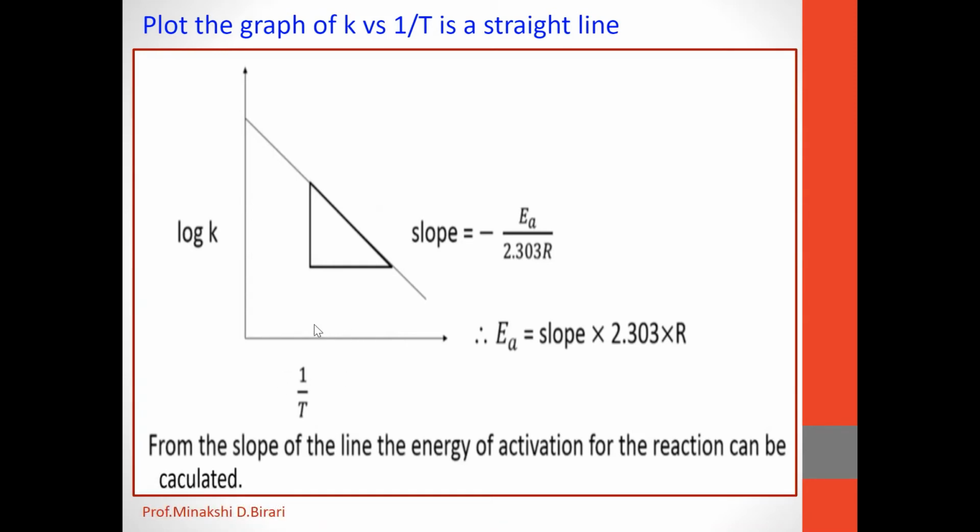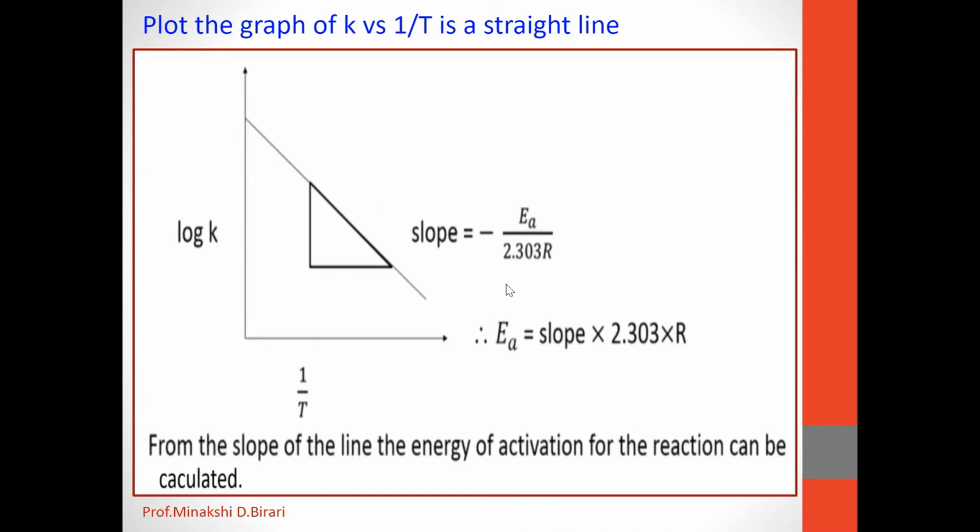If we plot the graph of log k versus 1 upon T, we get a straight line with slope equal to minus EA upon 2.303 R, and the intercept on the log k axis equal to log A. So here is the graph shown in this figure, having the slope minus EA upon 2.303 R.